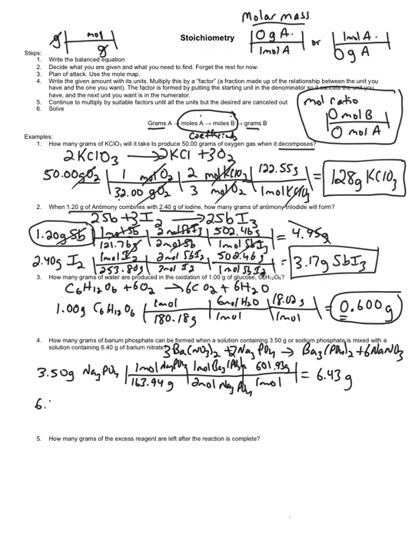We'll do now the same for the barium nitrate. The molar mass of barium nitrate is 161.35. Okay.